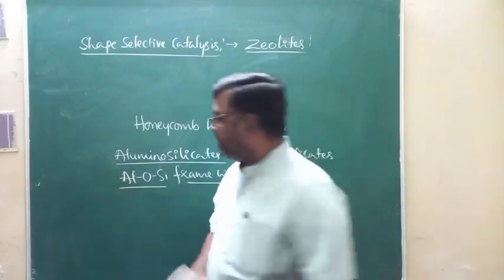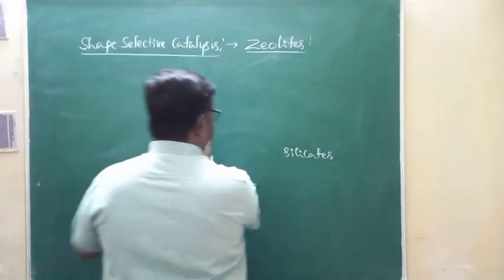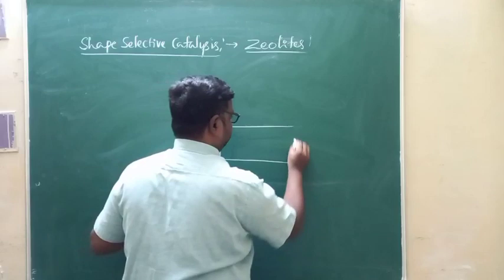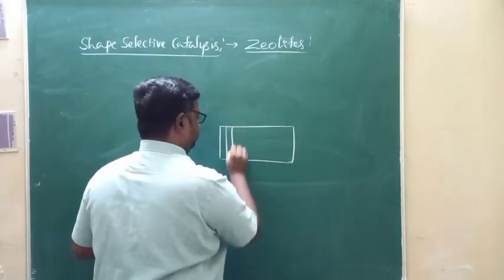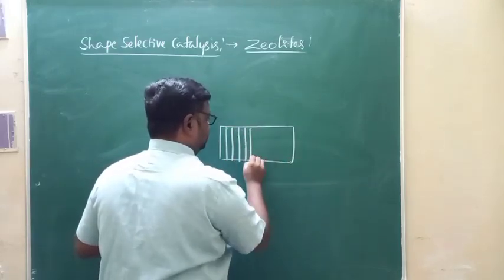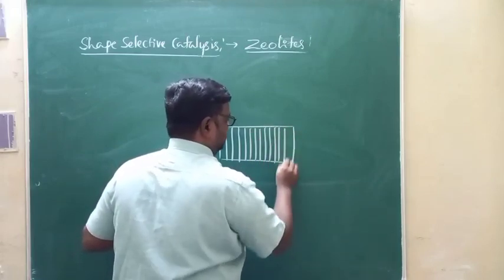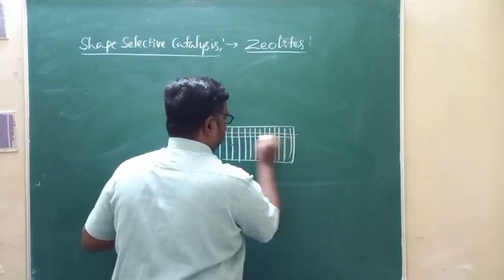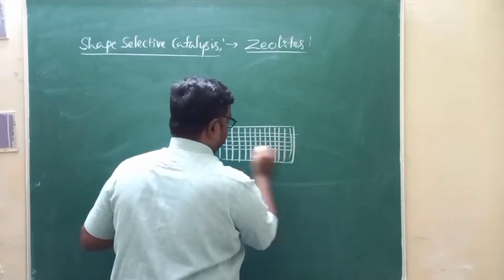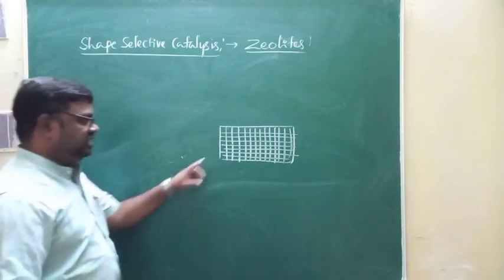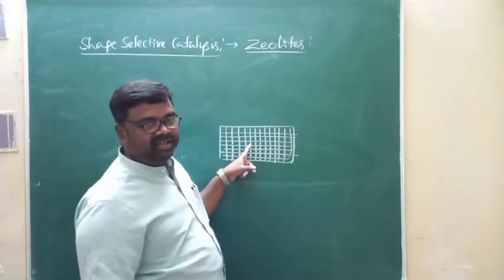For example, imagine a zeolite whose surface is characterized by cavities like this. The surface of zeolite will be like this. The cavities are like this. These are the cavities on the surface of zeolites. Look at the size and shape of the cavities on the surface of zeolites.